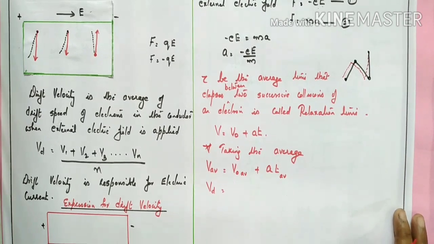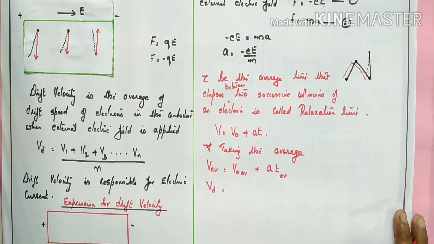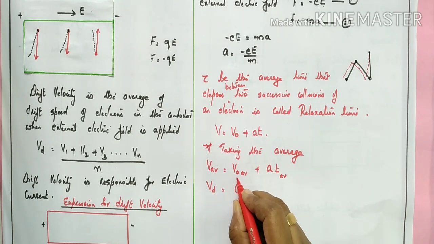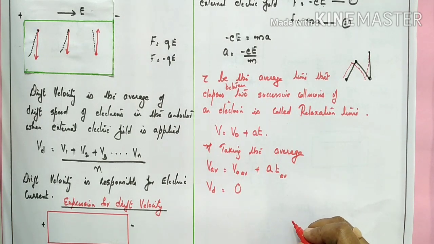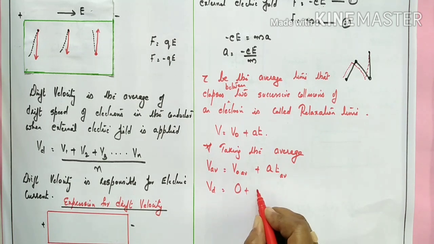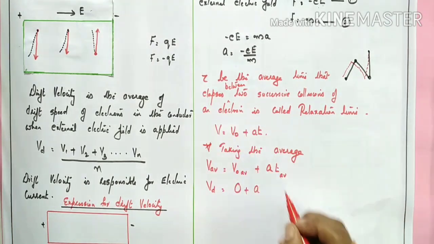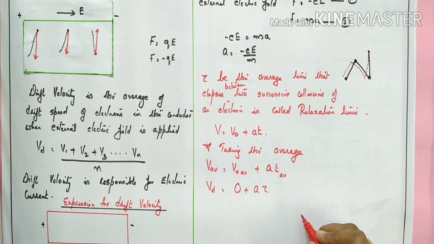V0, the initial velocity, averages to zero, since the initial velocities are random. So the average of the initial velocity is equal to 0 plus A into the average time. The average time is called the relaxation time, which is represented by tau.